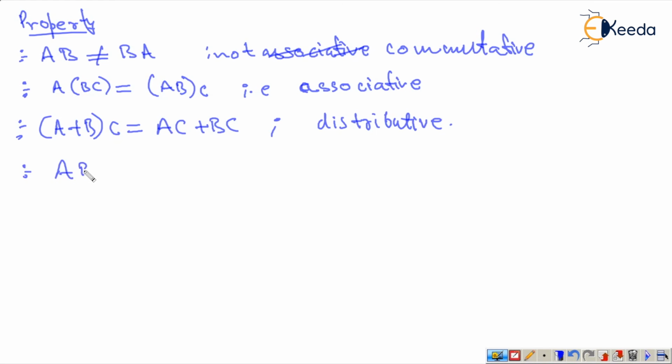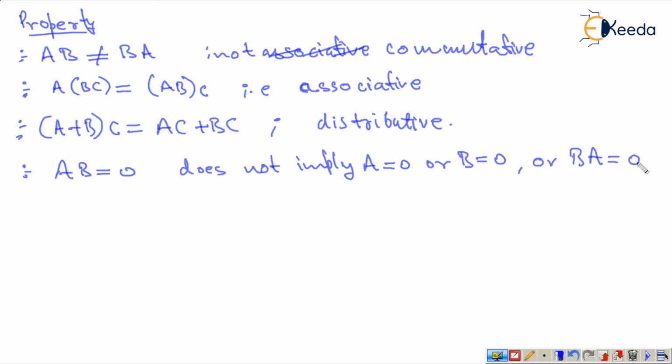AB equal to 0 does not imply A equal to 0 or B equal to 0 or even BA equal to 0. If AB is 0, we cannot conclude that A is 0 or B is 0 or BA is 0, right?